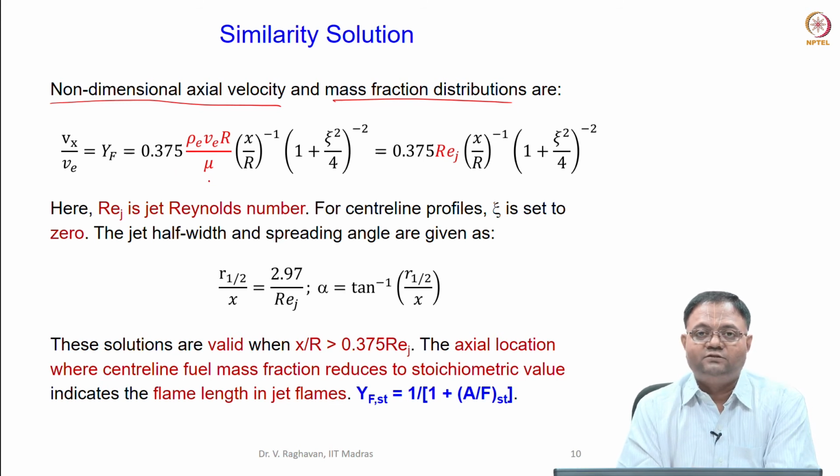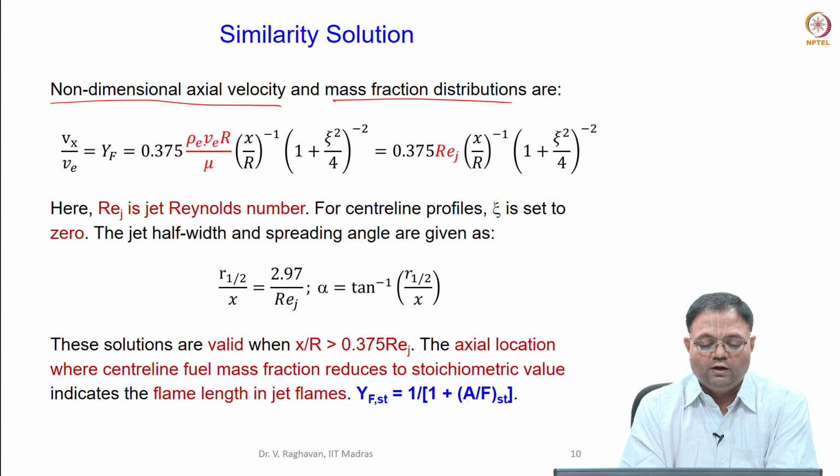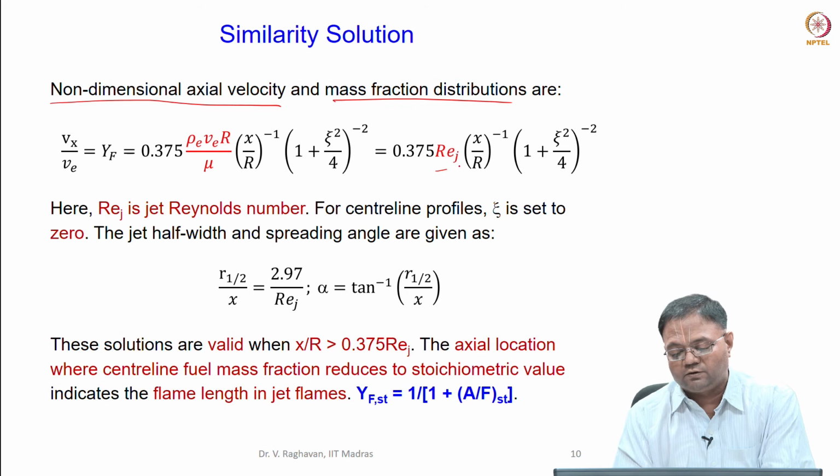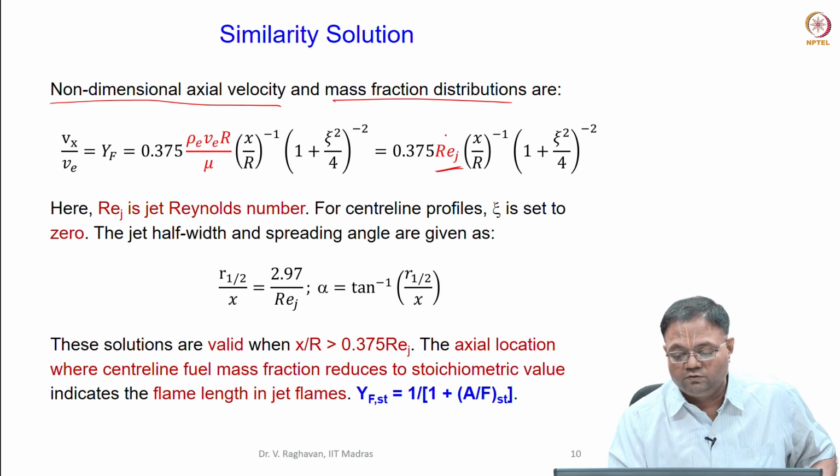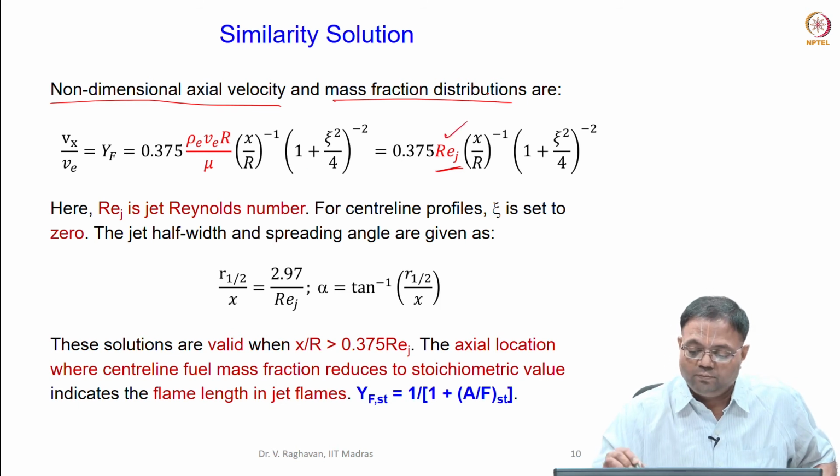I am expanding the jet momentum now and getting this value. You may remember this is rho e into velocity into characteristic dimension, which is the radius, divided by mu, which is the Reynolds number of the jet. So, it is jet radius, jet exit velocity, jet density divided by mu that I am using.